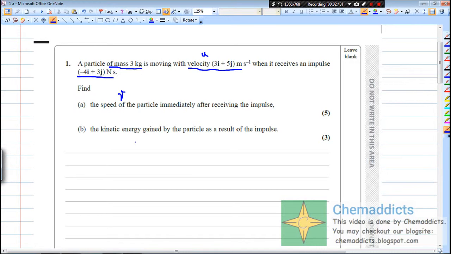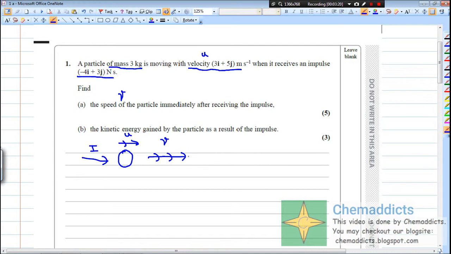So here this is what happens. This was the particle, the mass is 3 kg. It was moving with some velocity u. After giving an impulse, let us mark this impulse as I, this started to move with a different velocity v.